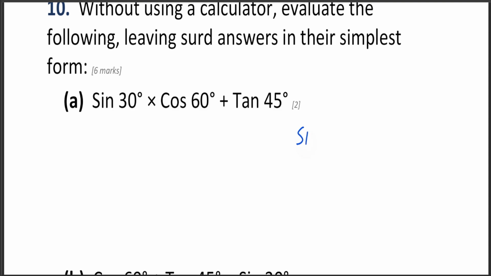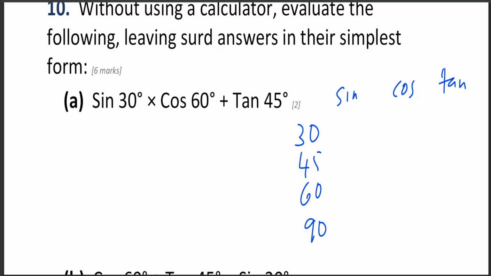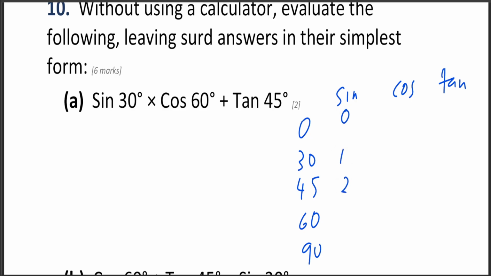So what we know is that we have sine. Okay, kumbuka kuna sine, cosine na tangent. Acha tuanze na 0, then 30, 45, then 90. Now the easy way, hizi vitu tutaanza na 0, then 1, then 2, then 3, then 4. For cos utaanza na 4, 3, 2, 1, 0.